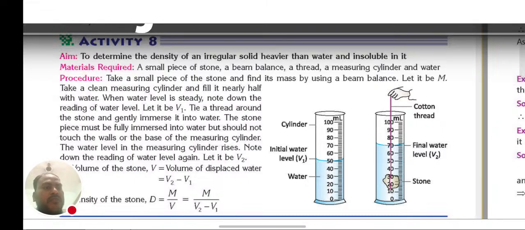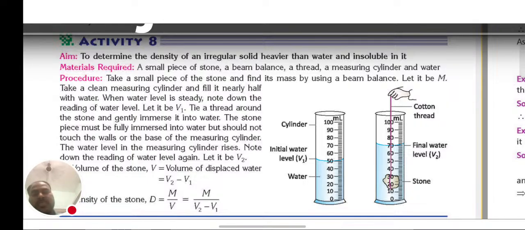Here the final volume is 70. To find V, we must subtract the initial volume from the final volume. The initial volume is 50 and the final volume is 70, so we subtract 70 minus 50 to get V.